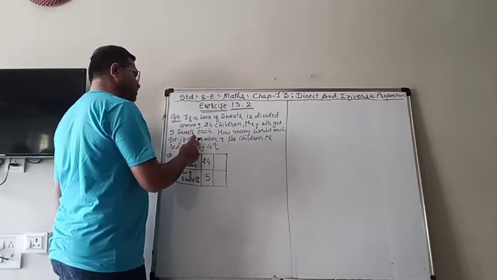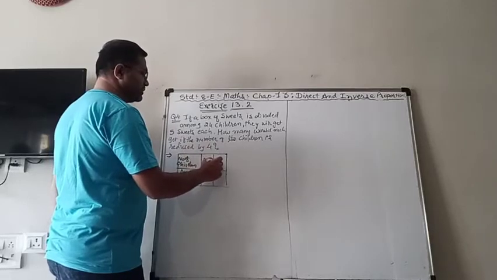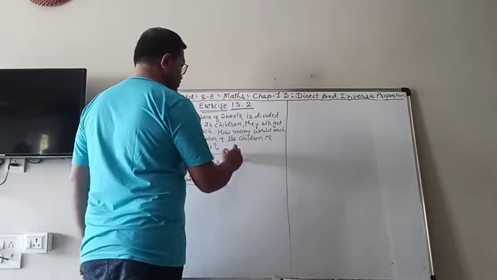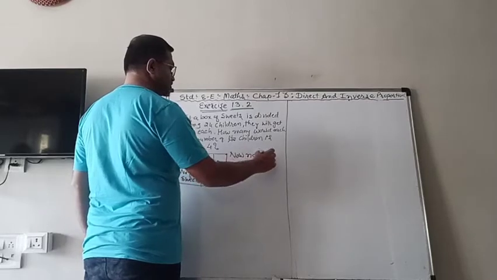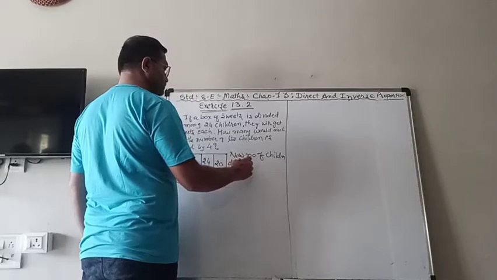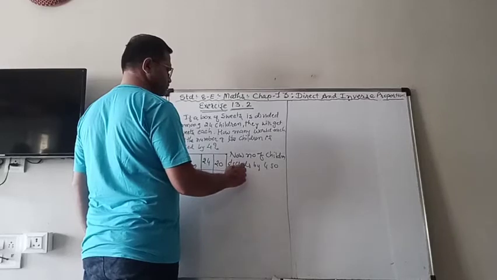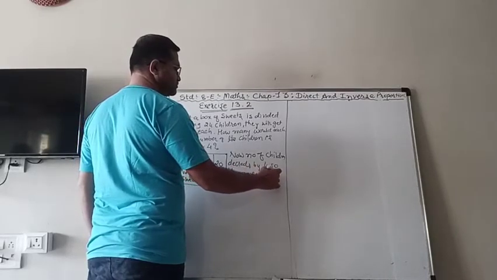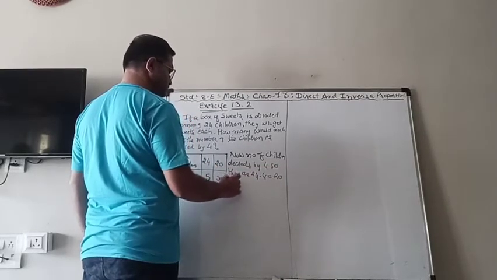So how many would each get if the number of the children is reduced by 4, means that will be 24 minus 4, that is 20 children.